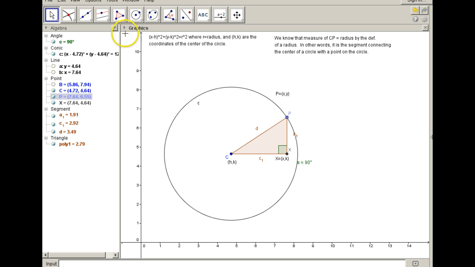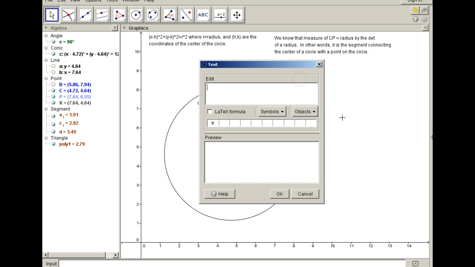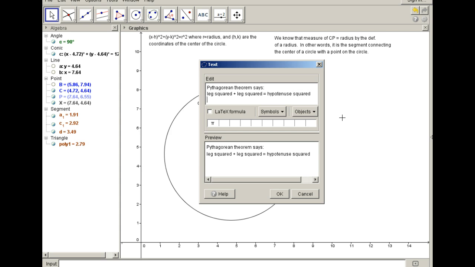So now let's just do the Pythagorean Theorem. The Pythagorean Theorem says that leg squared plus leg squared equals hypotenuse squared. In this case, we call it L squared plus L squared equals H squared.